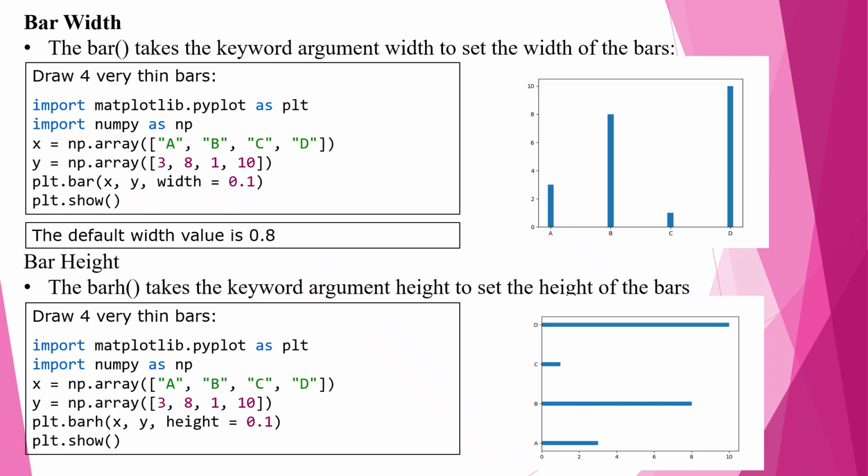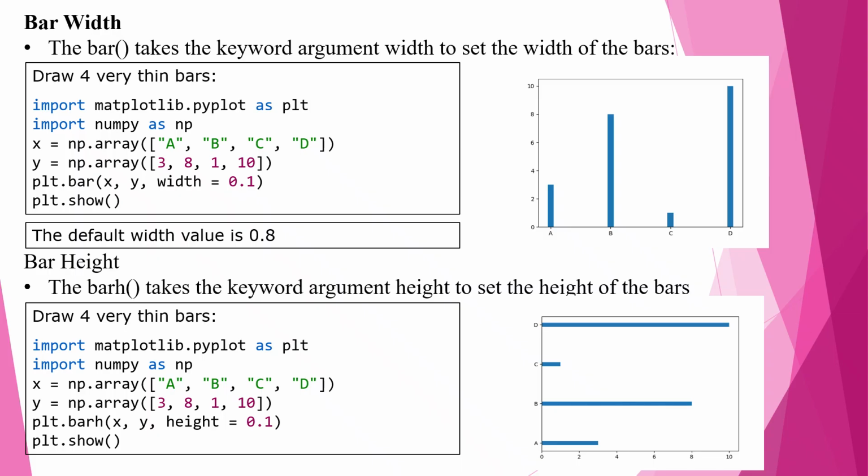This example explains how to control the thickness of bars in both vertical and horizontal bar charts in Matplotlib. In a vertical bar chart, the width parameter in the bar function is used to adjust how wide each bar appears. By default, the width is 0.8, but it can be reduced, for example, to 0.1 to create thinner bars.